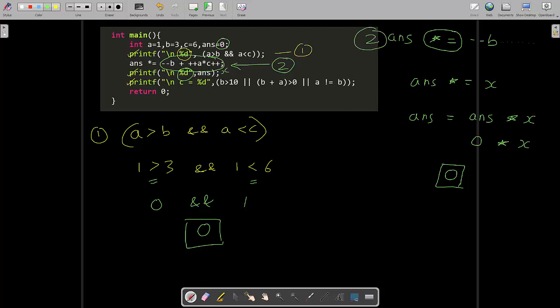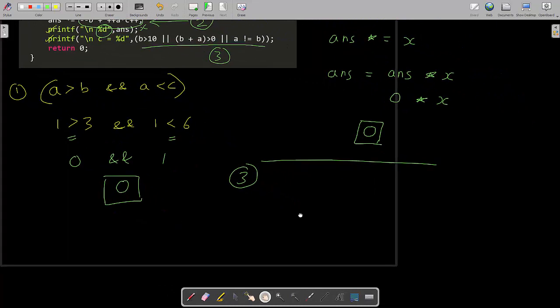Now let us look at the third one. So this is the third one. The third one looks a bit complex, but it is really very easy. So let us shift my board a little.